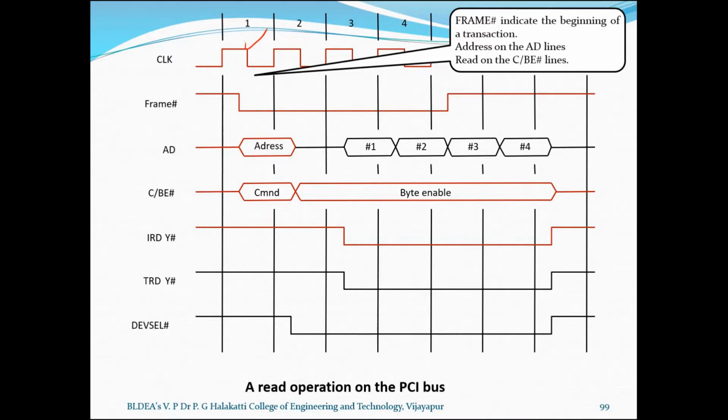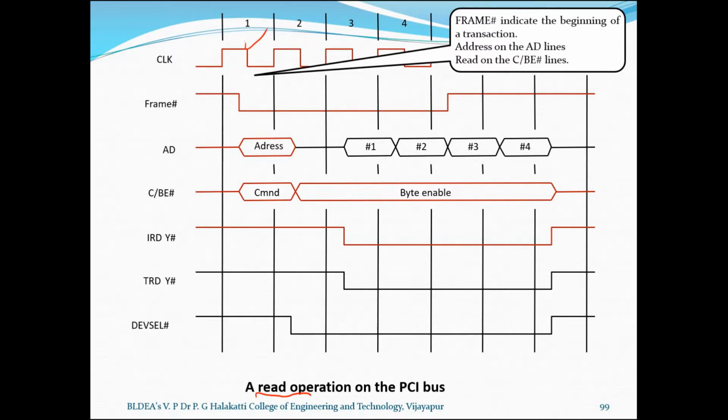That is, this FRAME# signal is to indicate the beginning of a transaction. It also sends the address on the address lines, that is AD lines, and a command on the C/BE# lines. The command in this case is to read, indicating a read operation.